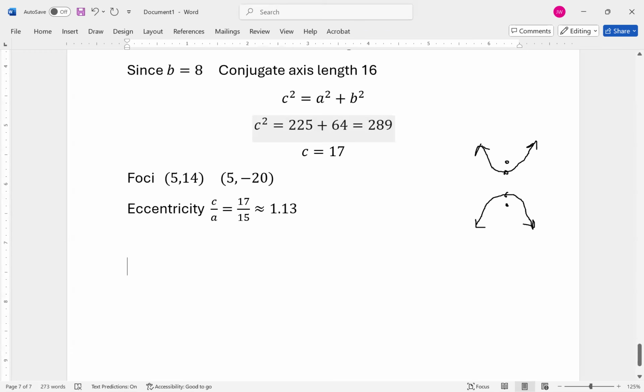So if I wanted to actually find the asymptotes, I could think of a line going through the origin as y equals slope times x. A line going through any other point is like y minus k is equal to slope times x minus h.